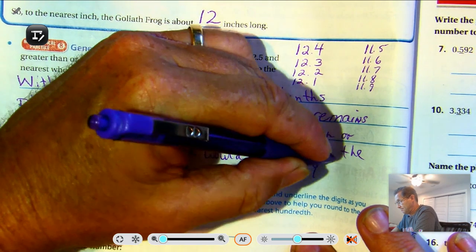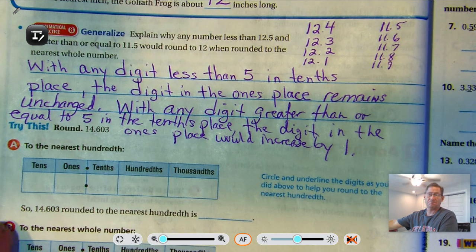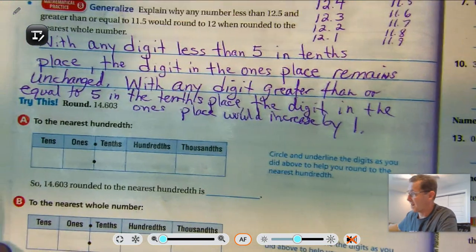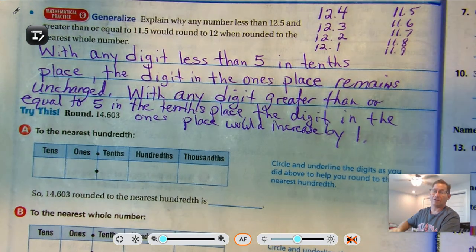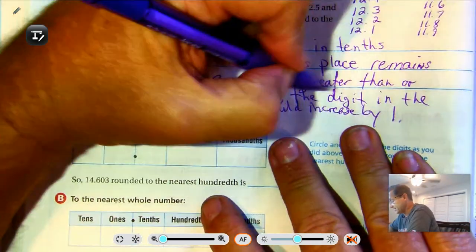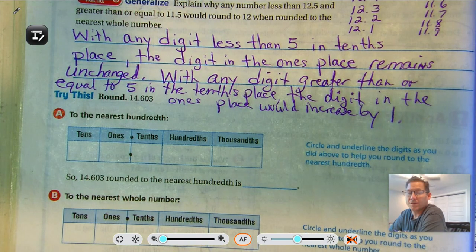Okay. So if we can keep that rule about 5 or more or less than 5 straight, rounding is perfectly easy to do as long as we know which place we're rounding to.